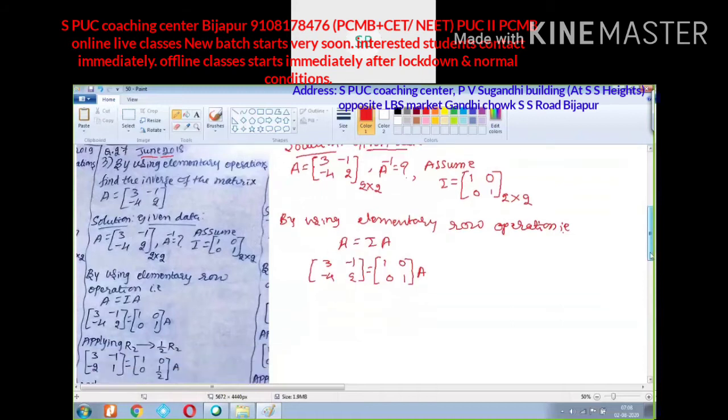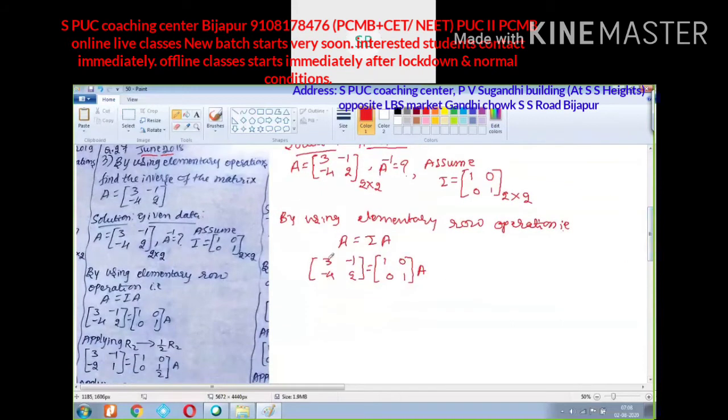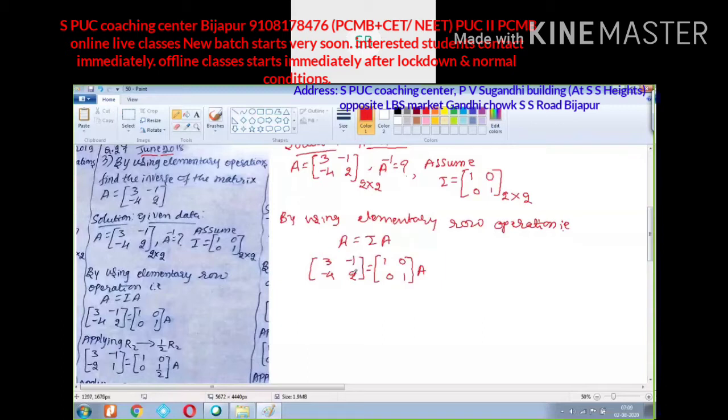The next step is to make this a 1 and this a 0, this also a 0 and this a 1. That way you have to think. This 3 has to become 1, this -4 has to become 0, this -1 has to become 0, and this 2 has to come out as 1.